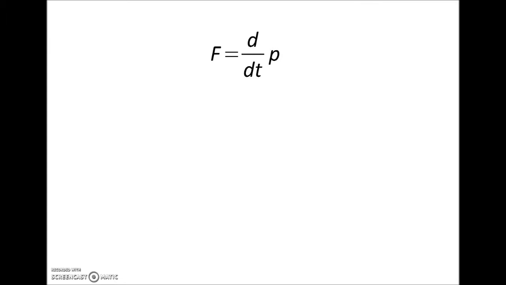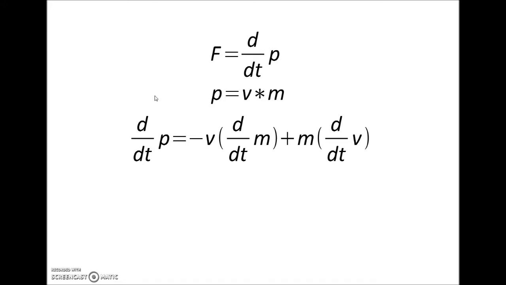Newton actually defined force as the change in momentum over time. And he actually had to invent calculus to do that. Now, momentum is defined as the mass of the object multiplied by its velocity.